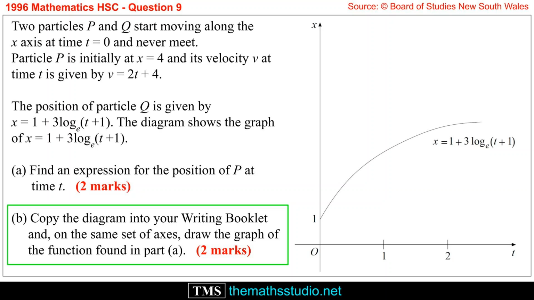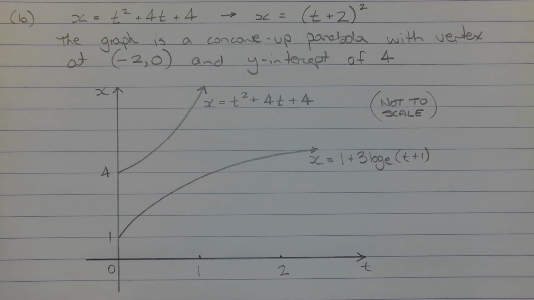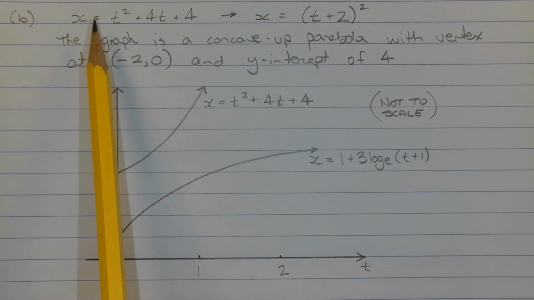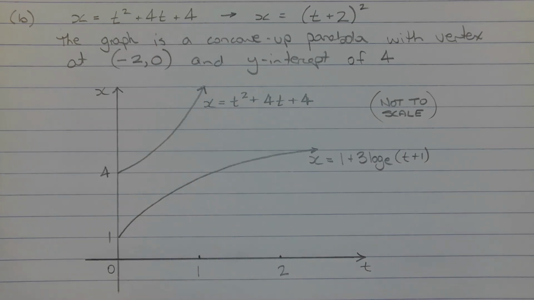Part B. Copy the diagram into your writing booklet and, on the same set of axes, draw the graph of the function found in Part A. From Part A, the expression for the position of particle P at time t is x equals t squared plus 4t plus 4.